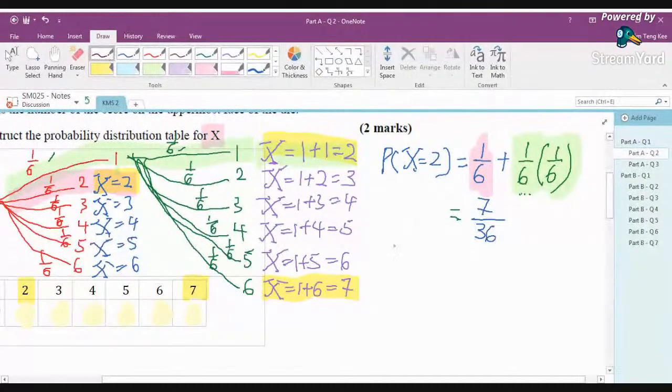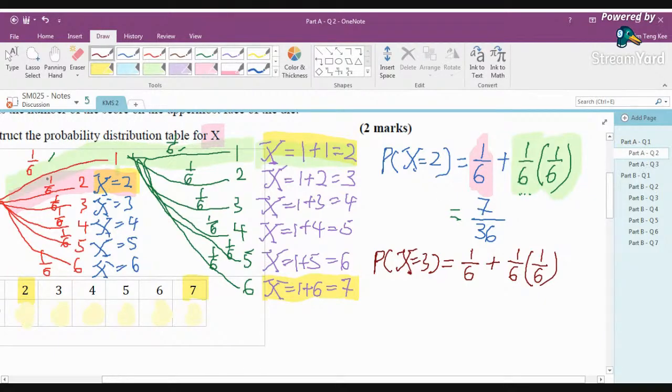Similarly, when you consider the case of X equals 3, it happens in the same way. I can have X equals 3 directly when the first row gives a score of 3, or I can have a second type of outcome where the first row I get 1, followed by the second row I get 2.